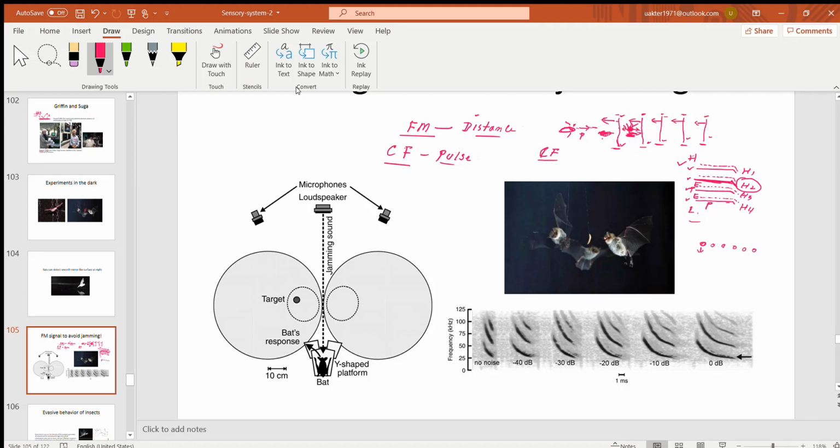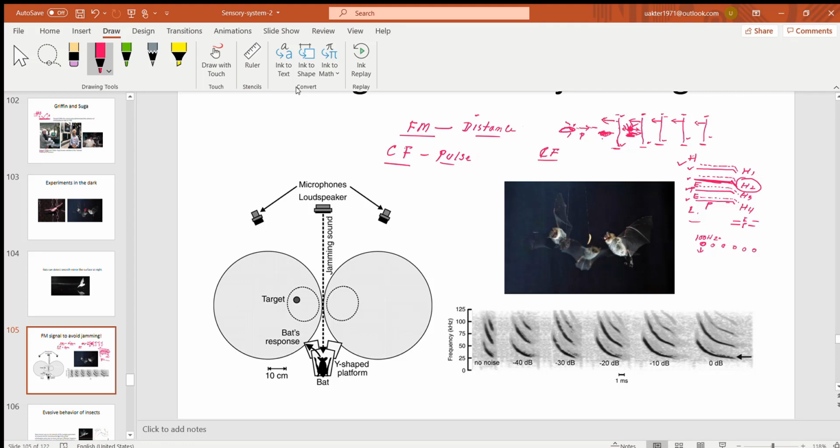So this one probably like 100 hertz, this one 200 hertz. So different neurons are sensitive to different differences between pulse and echoes. So everything is very systematic, and you have the neurons for all those different timings.